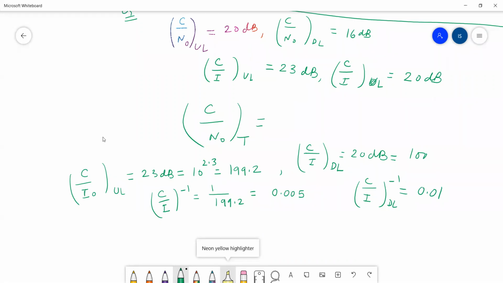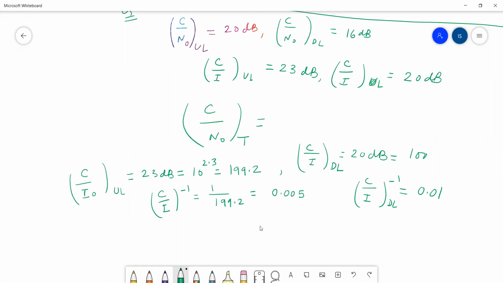So total C by N will be, okay, now what will the total be? Total we have already calculated; for that we know the formula.